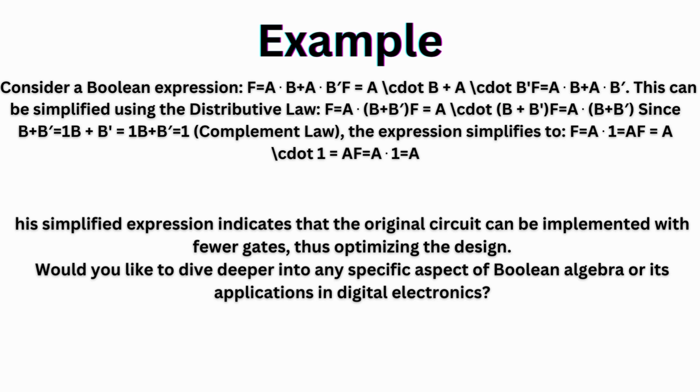Consider a Boolean expression, f = a.b + a.b'. This can be simplified using the distributive law: f = a.(b + b'). Since b + b' = 1, the complement law, the expression simplifies to f = a.1 = a. This simplified expression indicates that the original circuit can be implemented with fewer gates, thus optimizing the design.